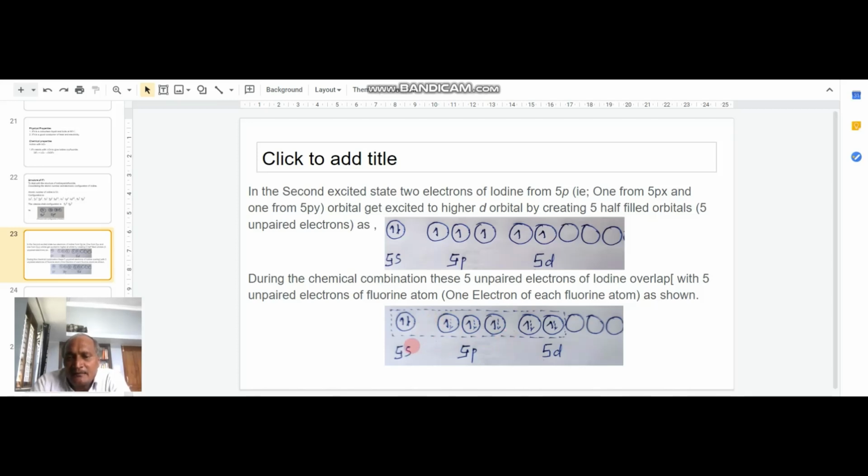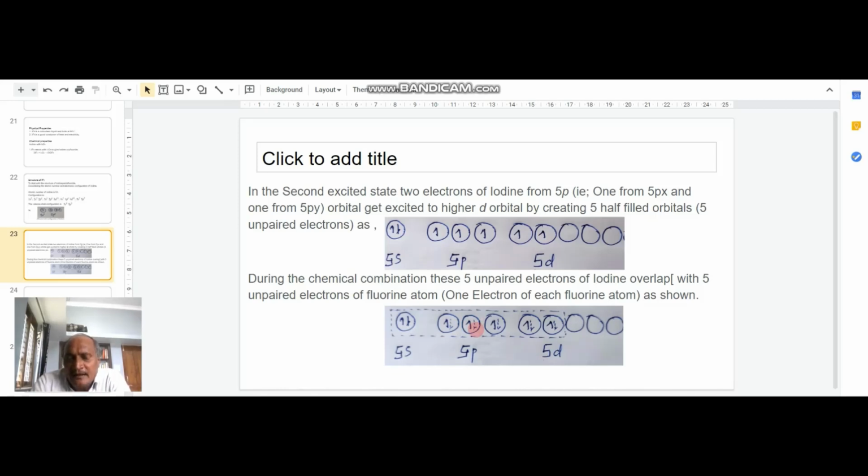The diagram indicates the 5 half-filled atomic orbitals of iodine, or 5 unpaired electrons of iodine, by an upward half solid arrow in each orbital, that is 1 in 5s, 3 in 5p and 2 in 5d orbitals, and the remaining half, the electron indicated by a downward dotted arrow, indicates the electrons of the fluorine atoms.